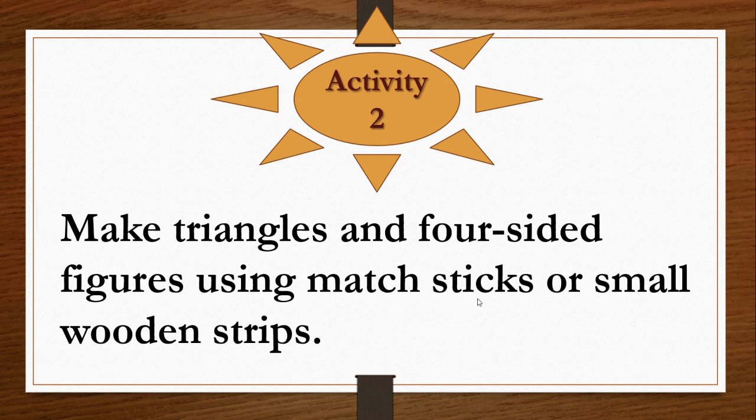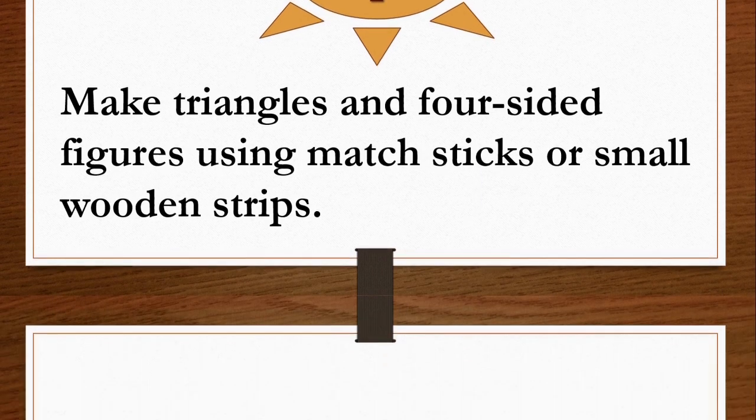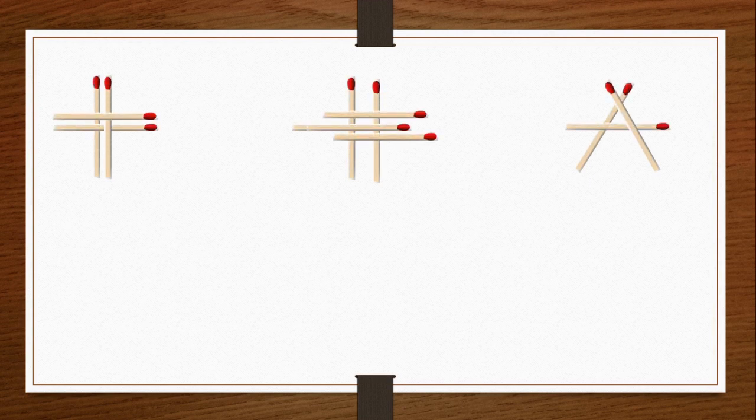Matchsticks, you know, correct? Okay, we will try this. See, here I have some matchsticks. We will try to make the shapes of triangles and four-sided figures with the help of these matchsticks. This also you can do at your home.